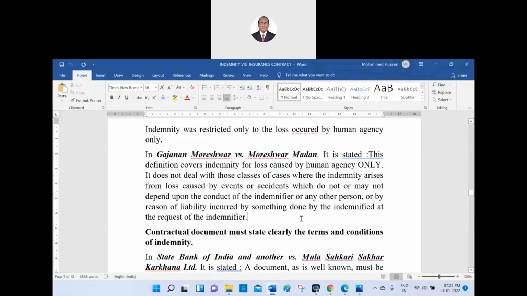So now the question comes. Whatever terms and conditions are stated in the contract of indemnity will hold good, but not any extra amount. Whatever amount is agreed, that amount only will be paid by the indemnifier to the policyholder or any other person who got injured because of the fault or without the fault of the policyholder.